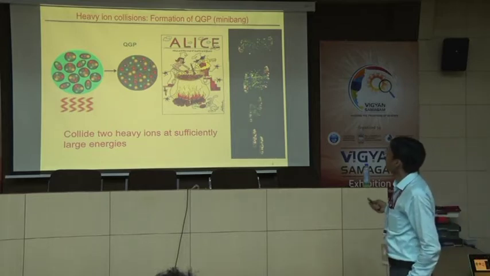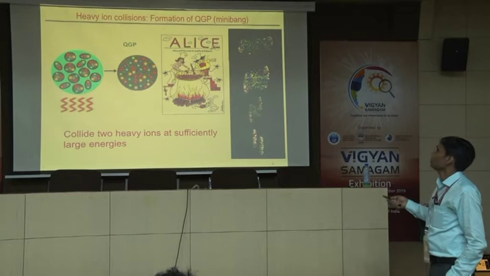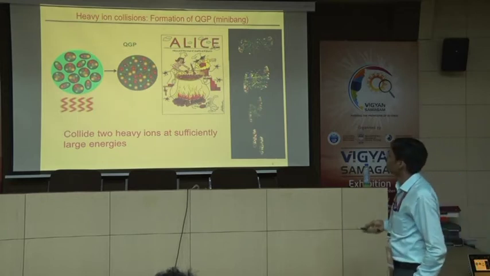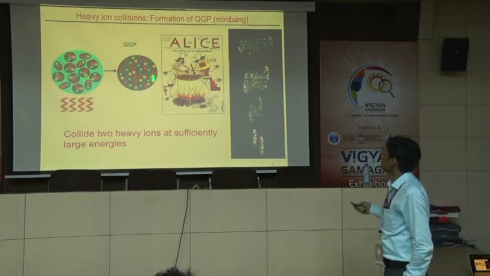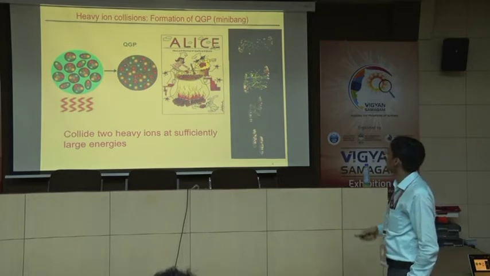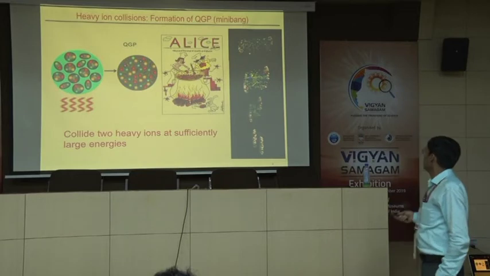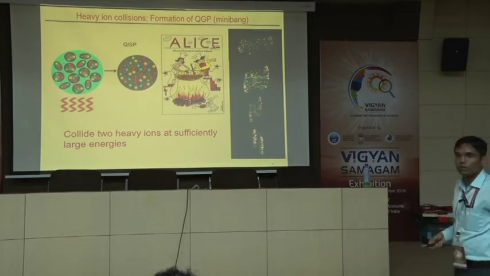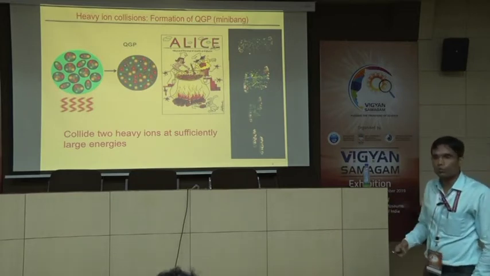So this is how it can be done. Let us say you have a nucleus, and there are hadrons inside the nucleus, protons and neutrons. You heat the nucleus and you will get a system which is quark-gluon plasma. So these are quarks and gluons. This is shown in this picture, and here is how you can do that. There is one way.